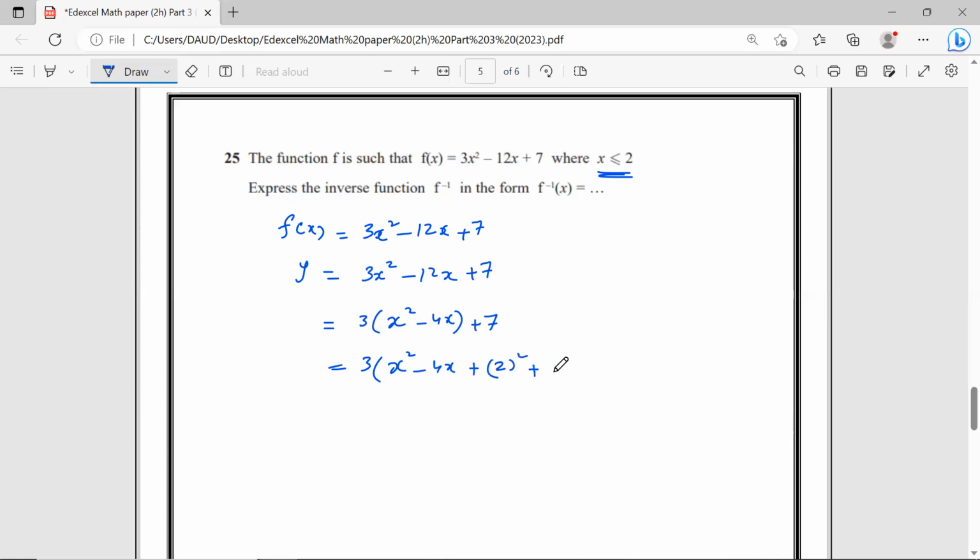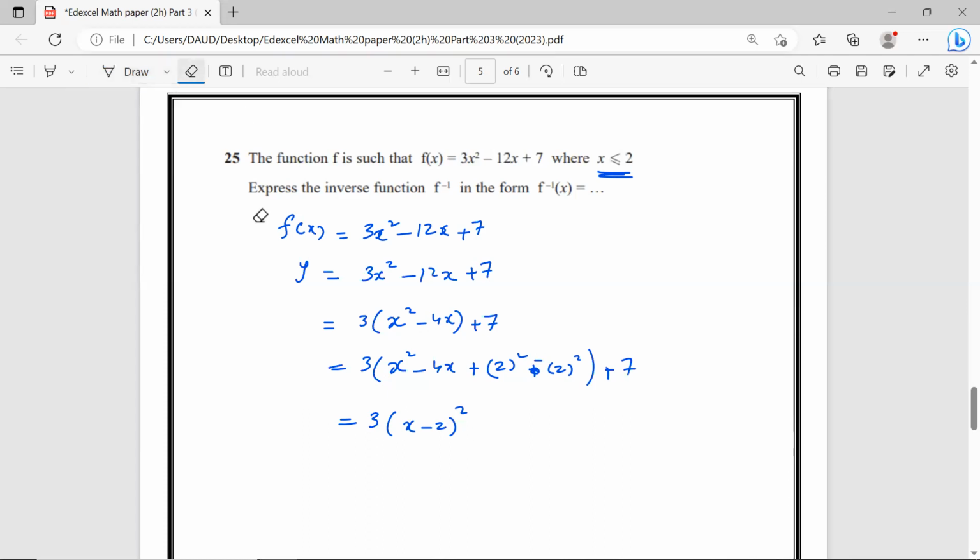Take the square of 2, add as well as subtract. And next step, 3 times (x minus 2) whole squared, minus 3 into 4, plus 7.